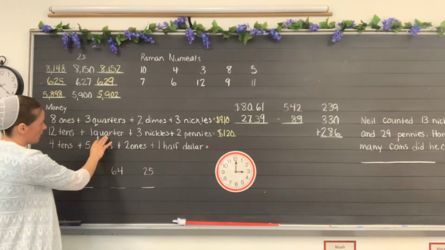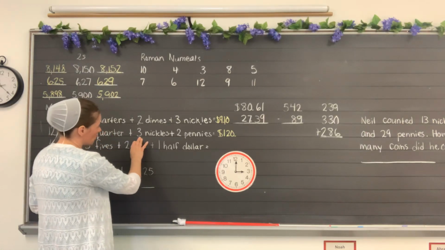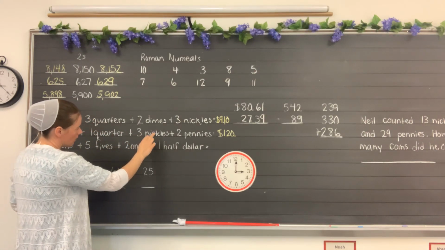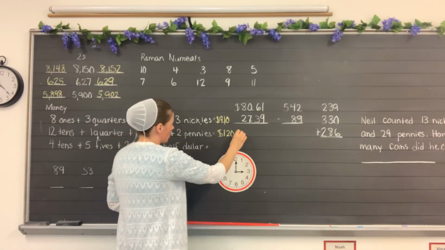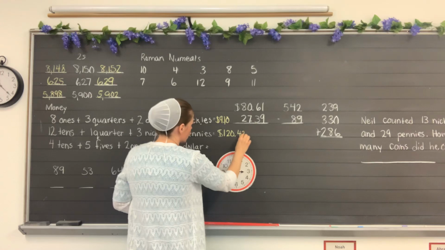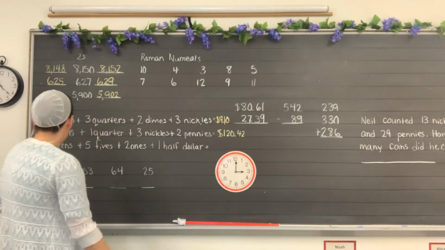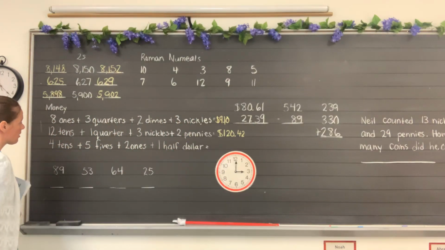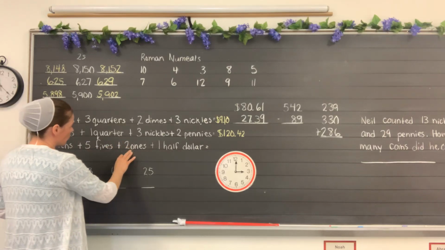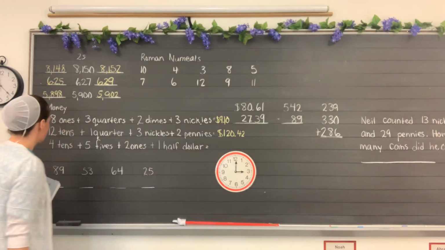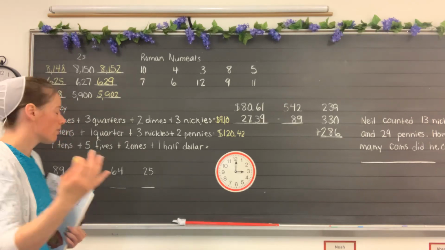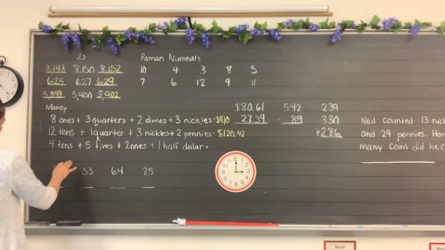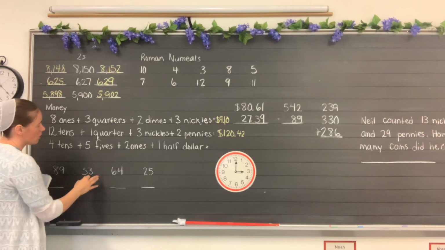1 quarter is 25 cents plus 3 nickels is 30, 35, 40, plus 2 pennies is 41, 42. So $120.42. And then we have 4 tens plus 5 fives plus 2 ones plus $1/2. So 4 tens, going by 10 again, 10, 20, 30, 40, $40, and then 5 fives.